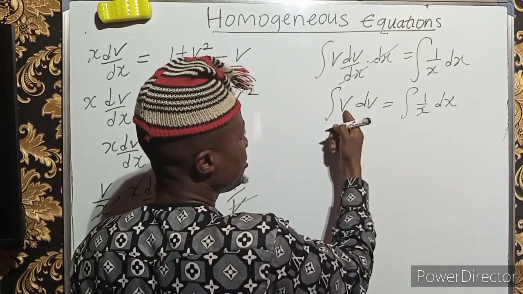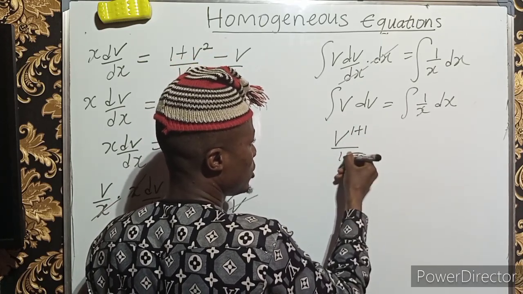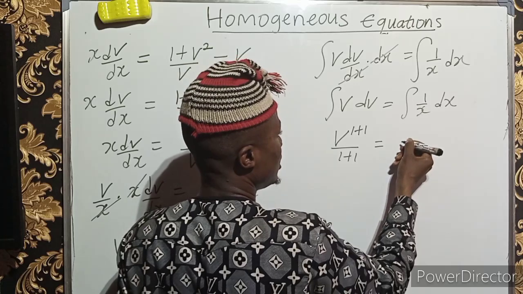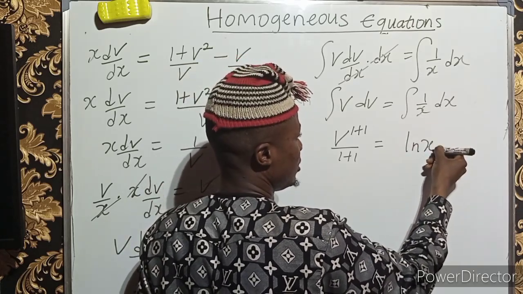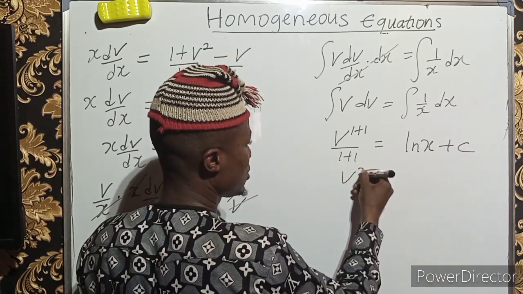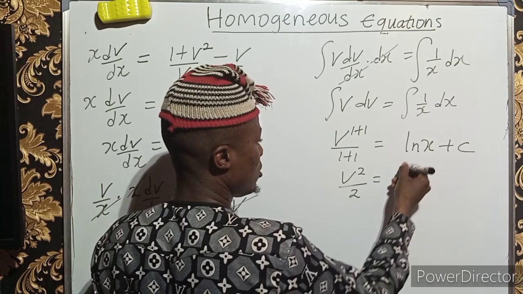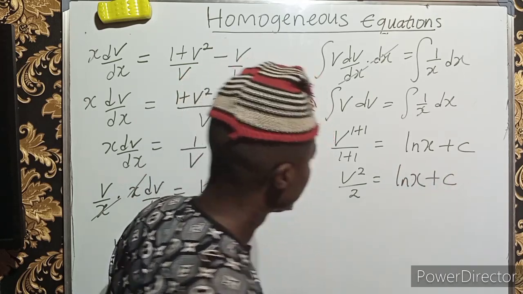If I integrate v, I'll have v to the power of 1 plus 1 over 1 plus 1 equals, if I integrate 1 over x, I'll get natural logarithm of x, then plus c. So this is now v squared all over 2 equals natural logarithm of x plus c.